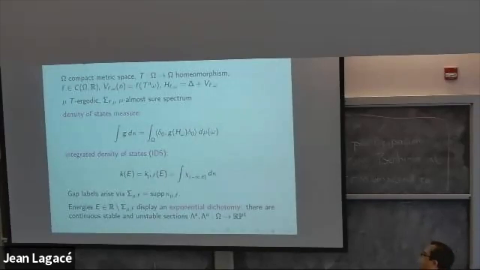All right, so gap labeling is about, first of all, assigning these labels and then understanding the numbers that you see. And this is what I want to explain in these lectures. The approach that I'm presenting here is due to Johnson. It really starts with characterizing the points in gaps, the energies that are outside the almost sure spectrum, via an exponential dichotomy. I don't recall the full definition.